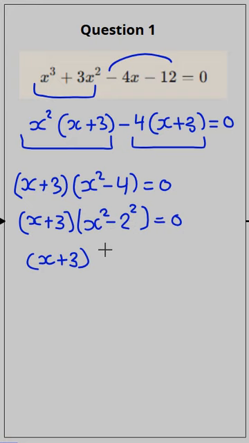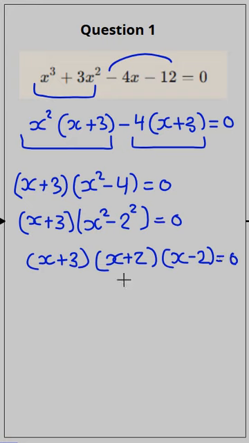There is an algebraic identity: if we have a squared minus b squared, we can expand it as a plus b times a minus b. So x squared minus 2 squared will be written as x plus 2 times x minus 2. This is an algebraic identity, equals 0.